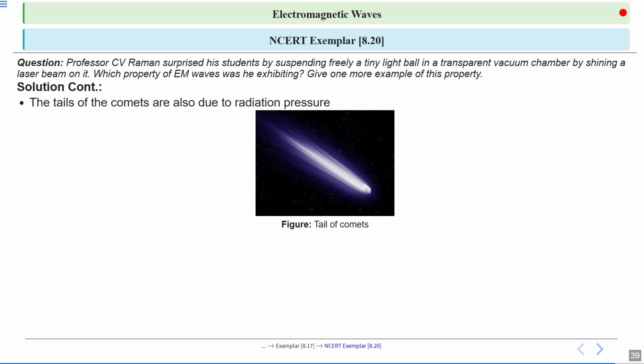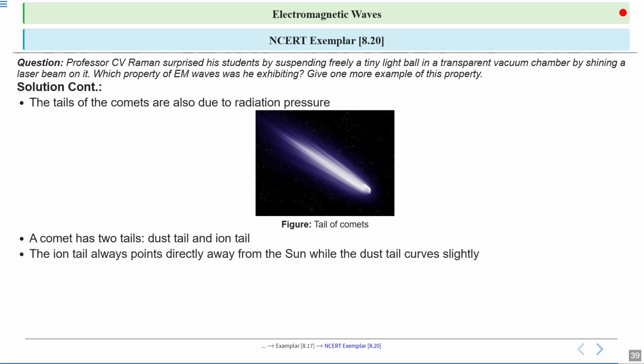A comet has two tails, one is the dust tail, one is the ion tail. The dust tail is made of ice particles or dust accumulated on the ice particles, and the ion tail contains many charged particles. The ion tail always points directly away from the sun, while the dust tail curves slightly. Why is the dust tail curved slightly? Due to the curved motion of the comet.